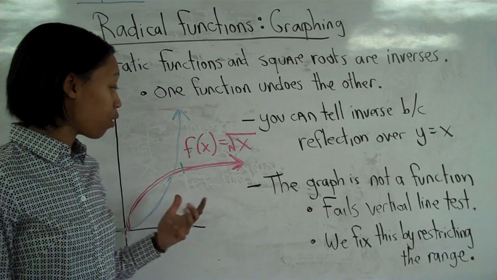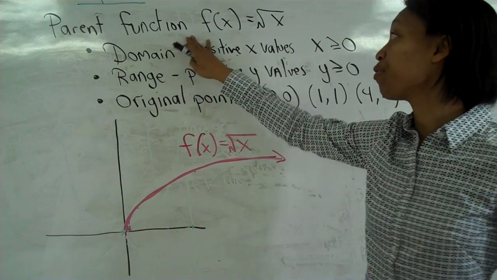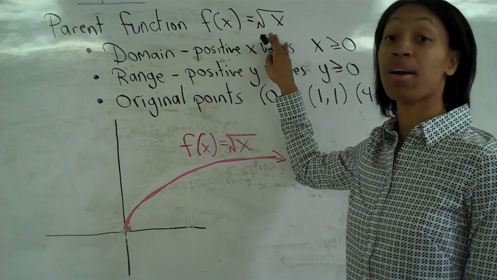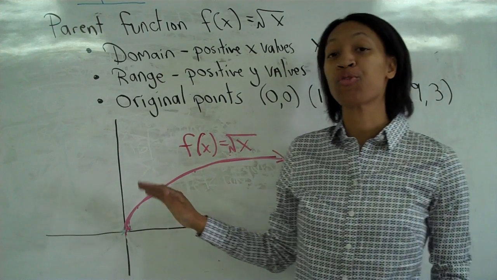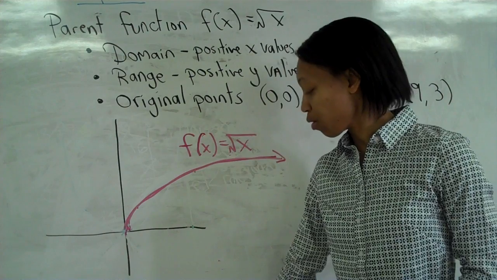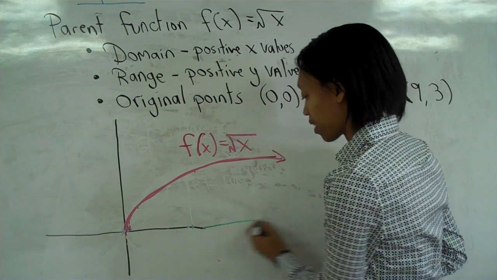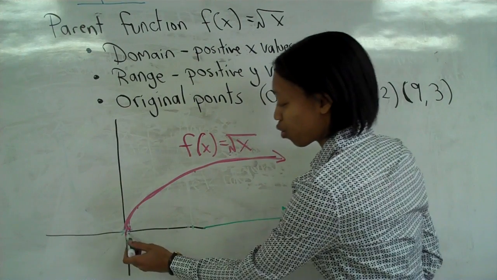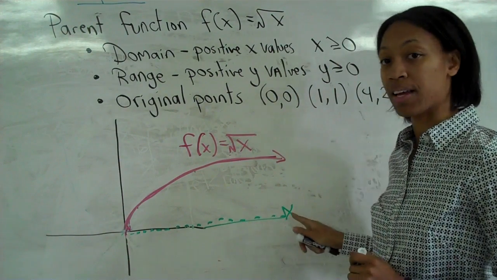So let's talk about a couple more properties of that graph. For the parent function f of x equals square root of x, which I have graphed right here, we can see the domain, what x values are covered? Well, the x values that are used, here's my x-axis, are only these x values here. Only the positive x values.